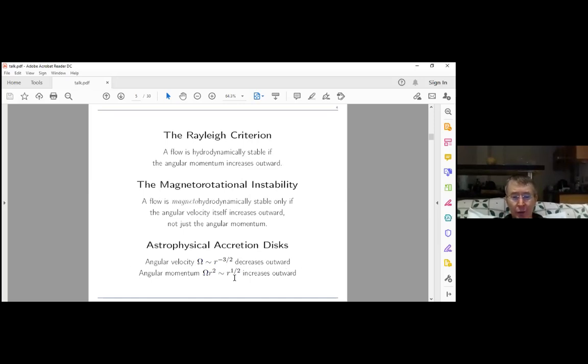And the angular momentum, omega r squared, increases going outward. So at that point, you would say, if this is the regime that you are in, then the Rayleigh criterion applies, and the conclusion would be your accretion disk is stable.